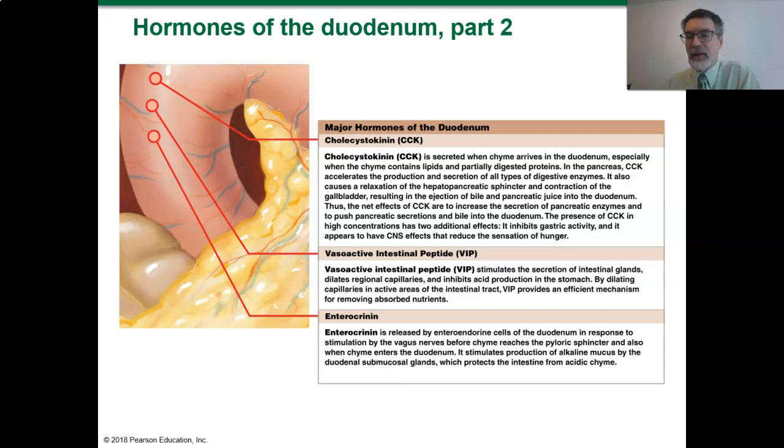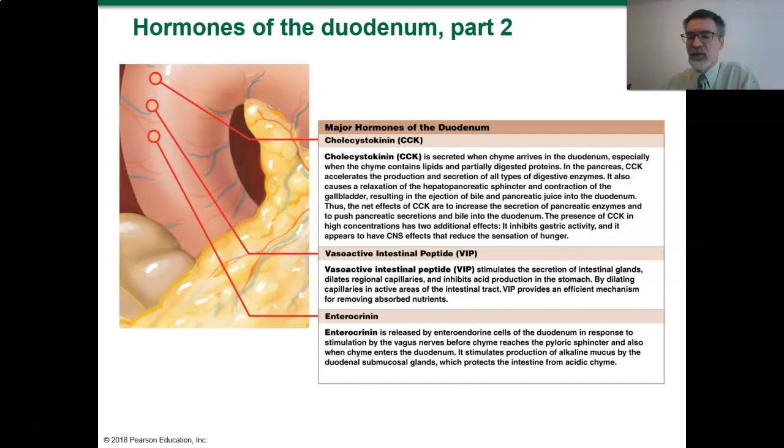Vasoactive intestinal peptide, VIP. Lots of three-letter abbreviations or more in some cases, right? So it stimulates secretion of intestinal glands. We have some of those intestinal glands in those pits. It dilates capillaries and inhibits acid production in the stomach, right?